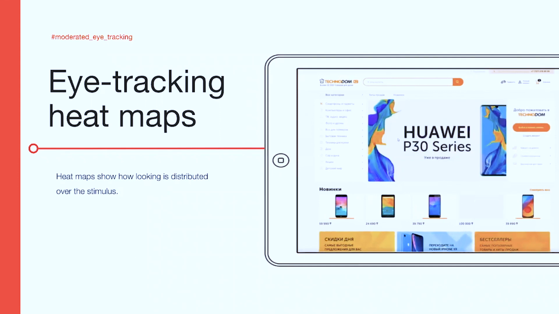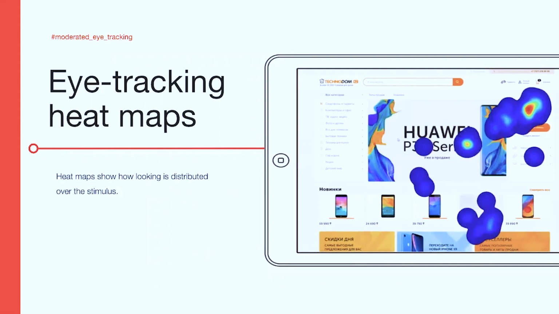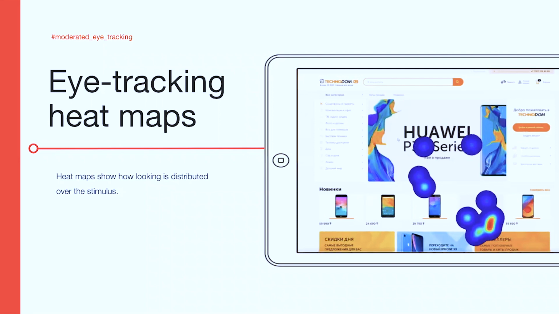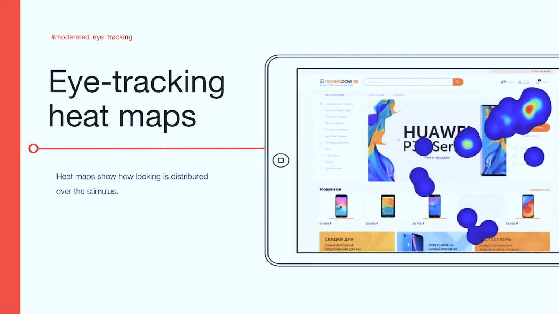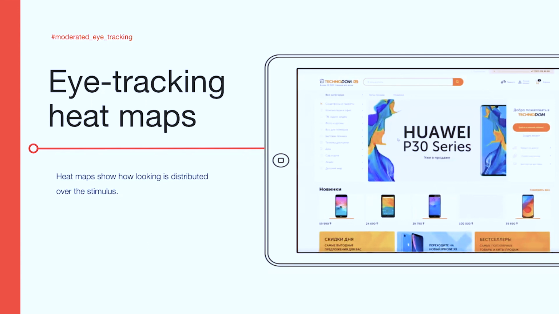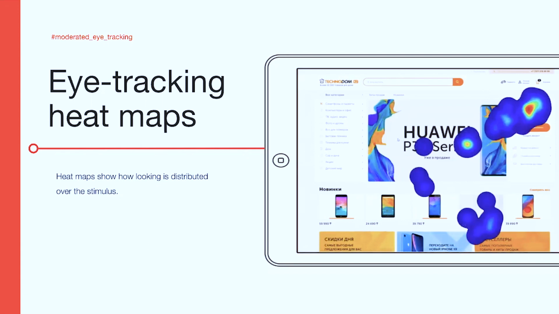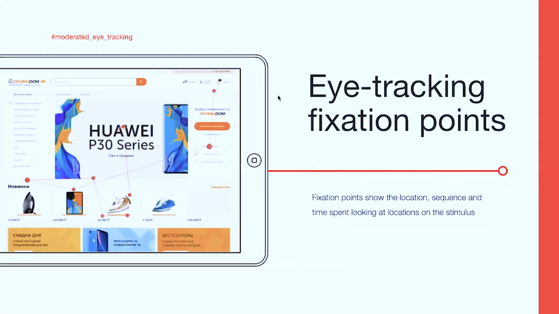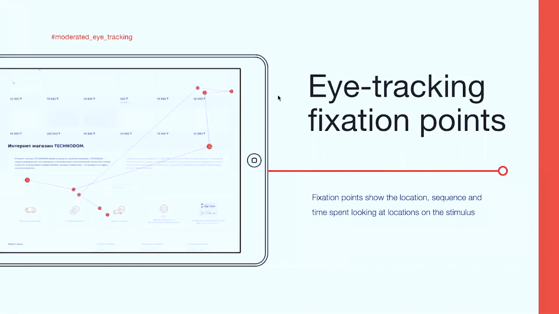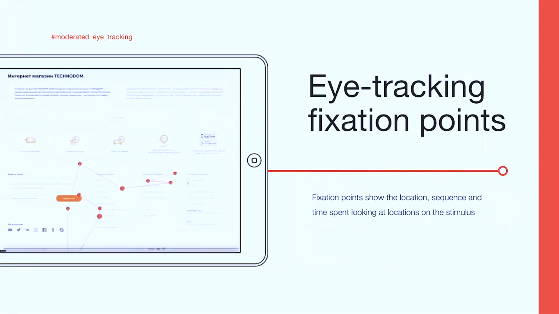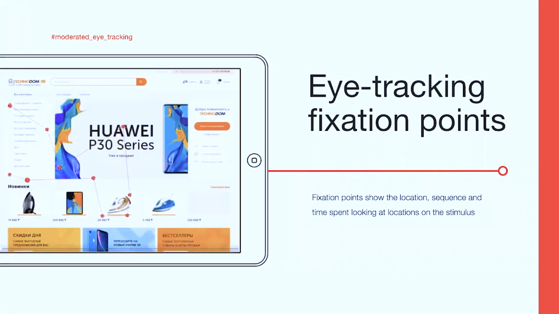As usual with heat maps, if the color is blue, the user looked there briefly; the warmer, redder the element becomes, the more attention the user pays to that specific element, and more time is spent on it.